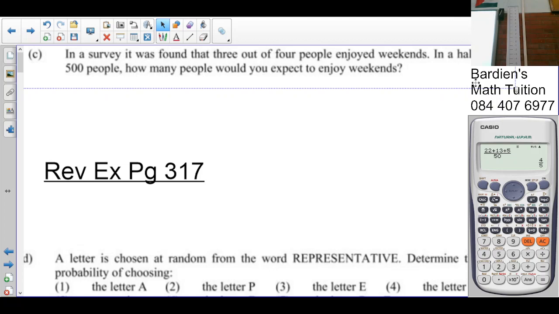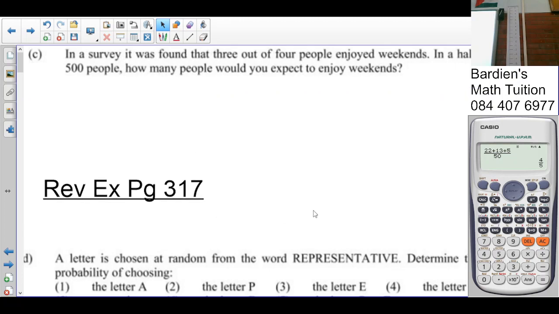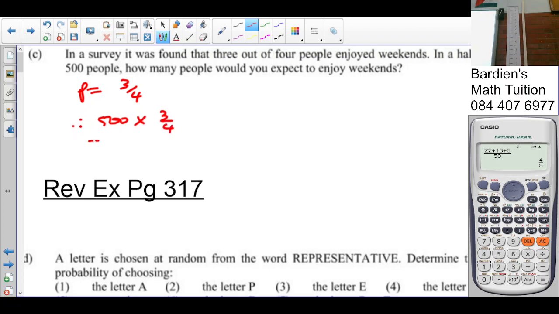In a whole of 500 people, how many people would you expect to enjoy weekends? So if this continues, the probability is 3 out of 4. So therefore it will be 500 multiplied by 3 over 4. Is that correct?